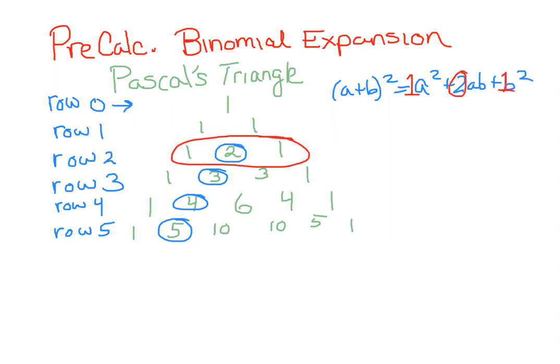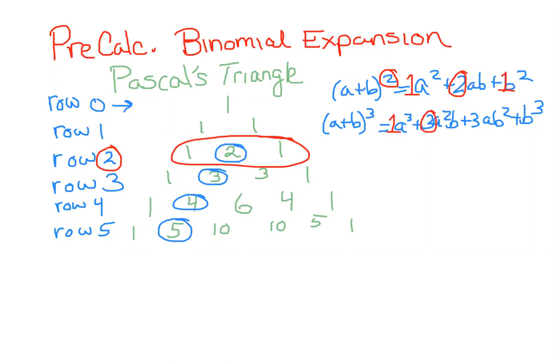Which is this row of Pascal's triangle, which is row 2, which corresponds to that. And if you look at a plus b cubed, you get a cubed plus 3a squared b plus 3ab squared plus b cubed, and the coefficients are 1, 3, 3, 1, which are these, which is row 3, which corresponds to that. And the rest are all the same too.